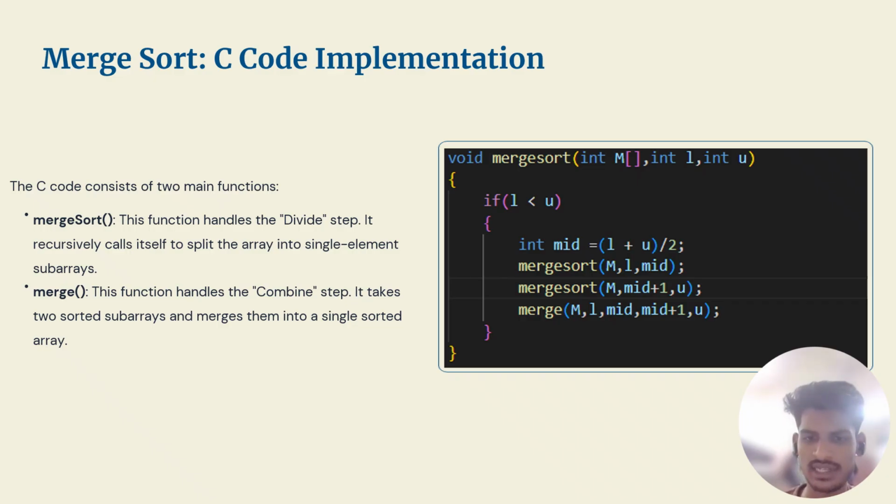And then the next line, merge sort of array, mid plus 1 to u. This is the right half of the array from mid plus 1 to u. Again, this continues dividing the array until single elements remain. Later, the merge function combines the left part and right part, from l to mid and mid plus 1 to u. It merges them into a single sorted segment.